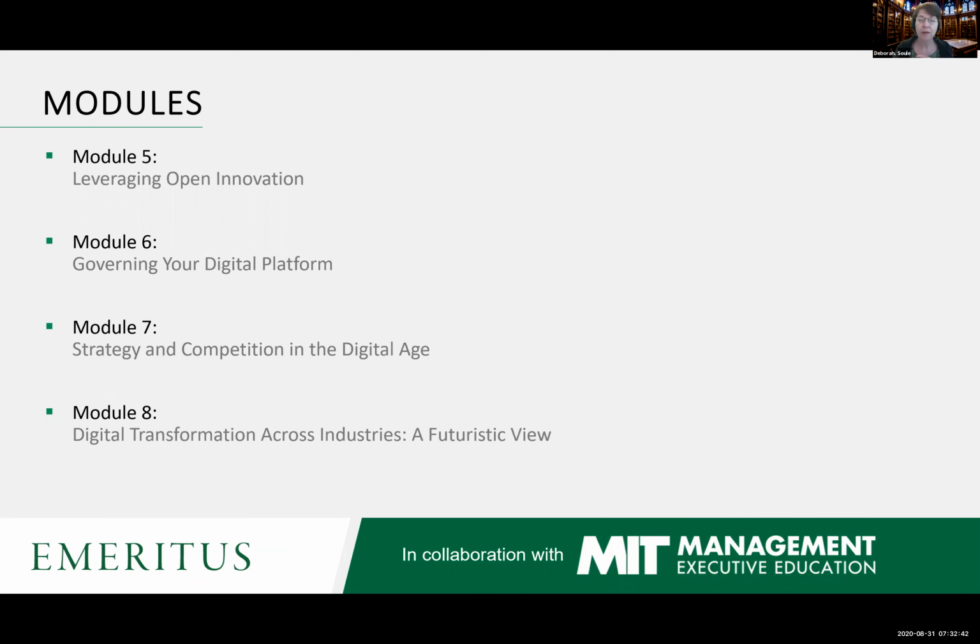Module 5 focuses on open innovation, how to use open innovation to your benefit. This is very, very important because as platforms grow, they can't continue to satisfy all the very many different needs of all those millions of participants.